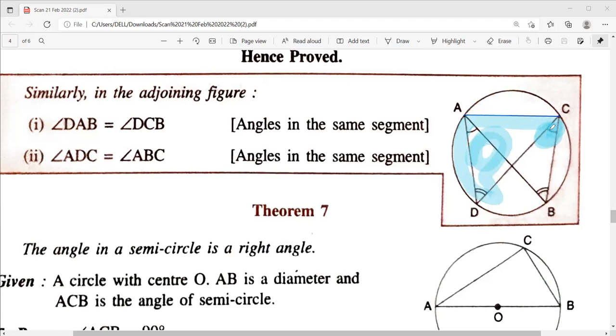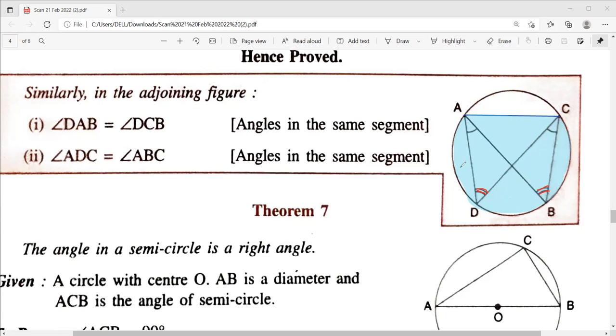This is the major segment, that is chord AC and the major arc. Now whatever number of angles you draw in this segment, they will all be equal in measure. In this segment you have angles ADC and ABC, so this angle is equal to this angle.